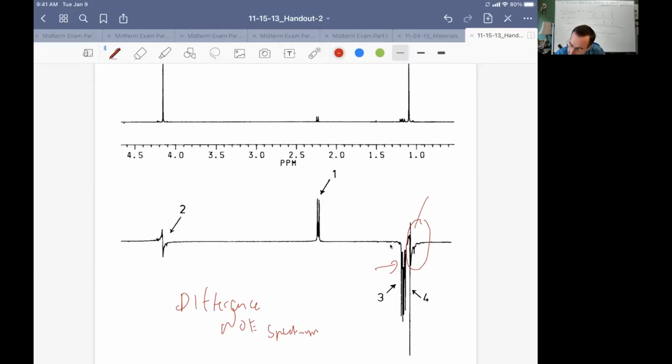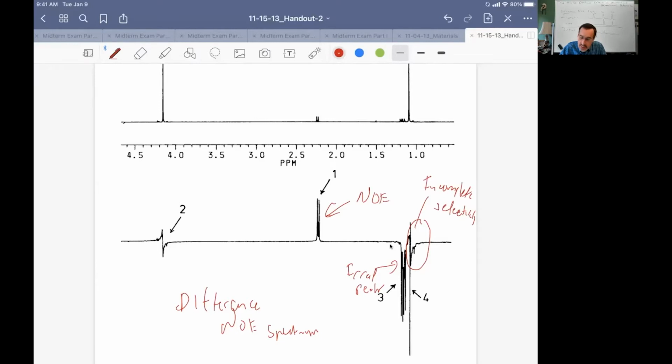So this is the irradiated peak here, and we see a nice NOE over to this doublet here.